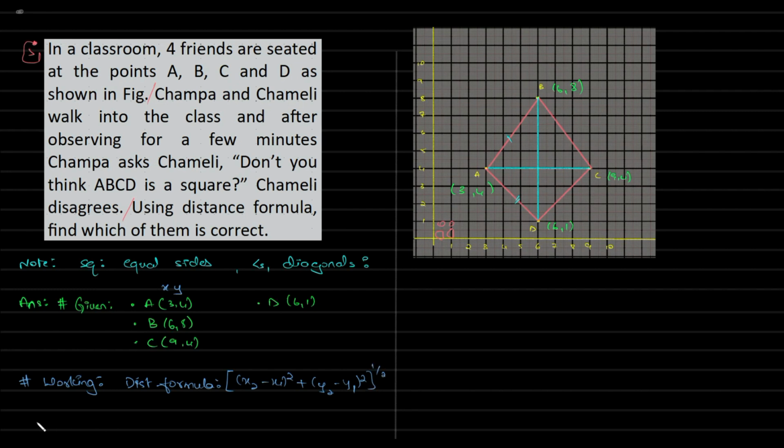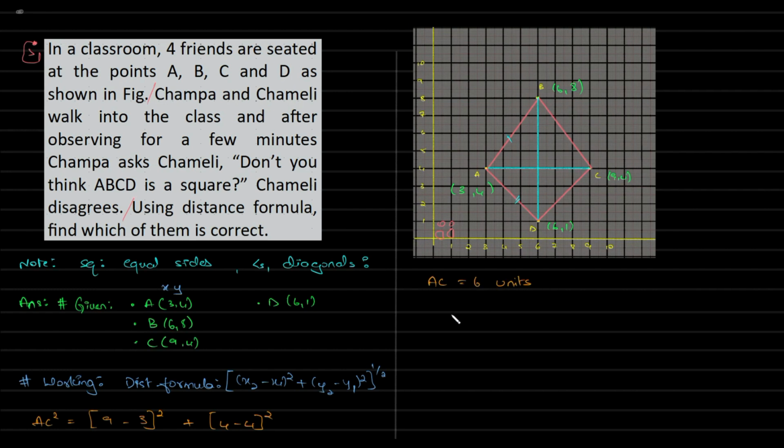Now we have AC, the diagonal. AC square is equal to 9 minus 3, identify which is A and which is C, X and X, plus Y and Y, 4 minus 4. So this is 6 square, this is 0. AC square is equal to 6 square. So AC is equal to 6 units.